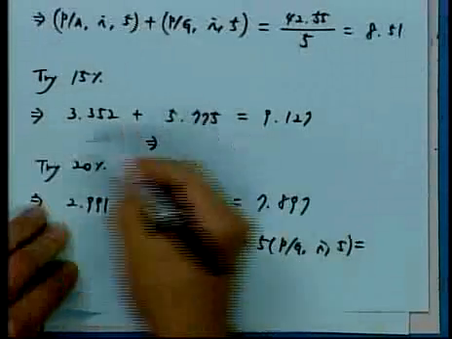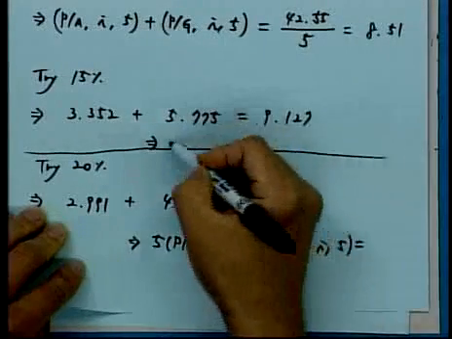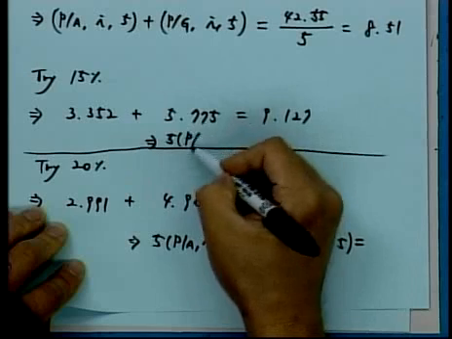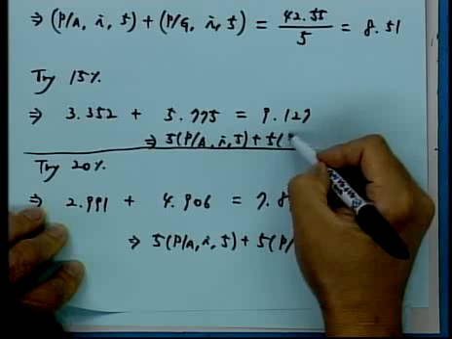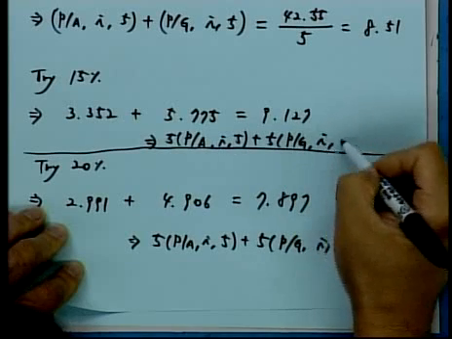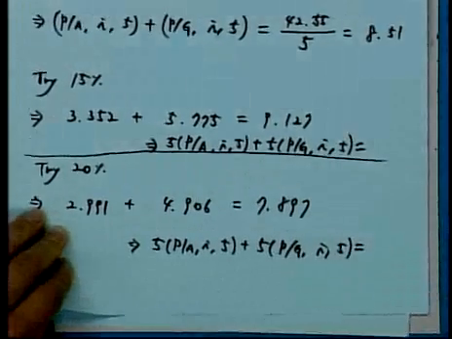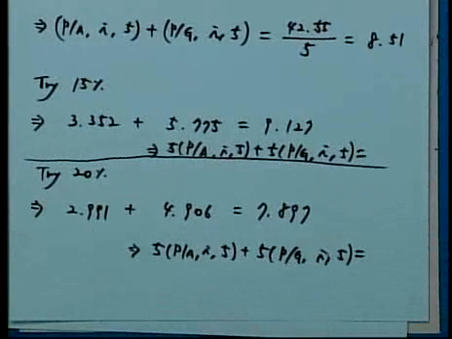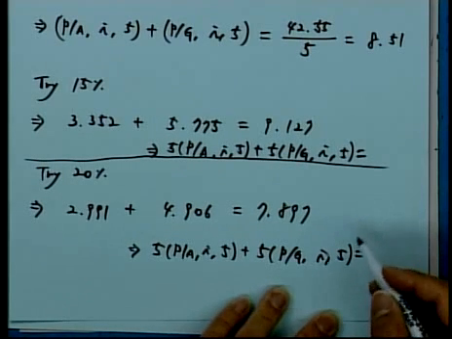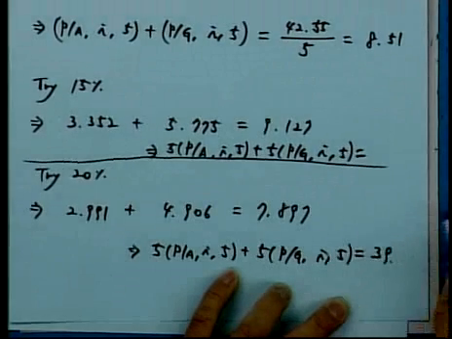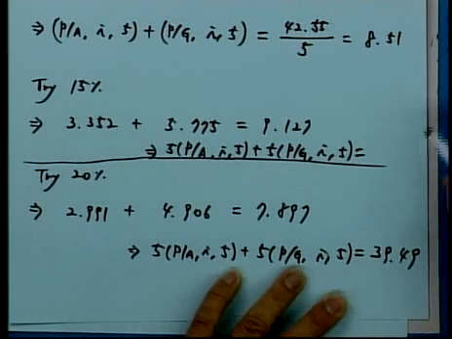Also, if it's 15%, how much is 5 times P given A, I over 5 periods plus 5 times P given G, I over 5 periods. Okay, if it's 20%, it's going to be 39.49.